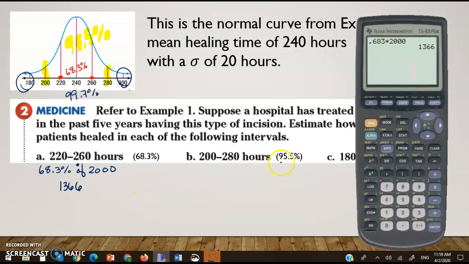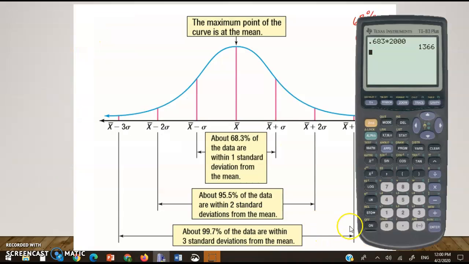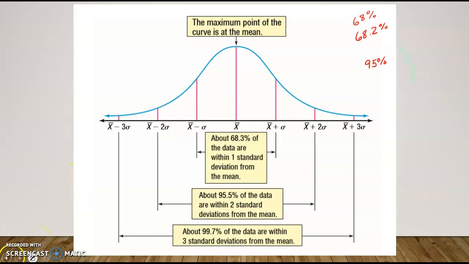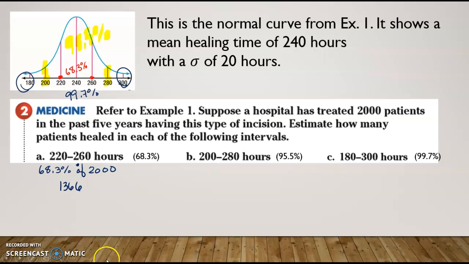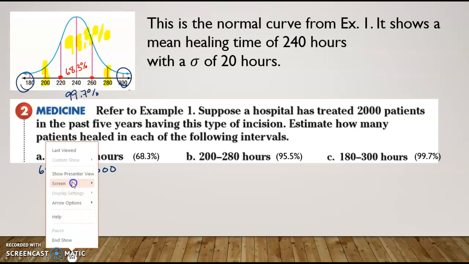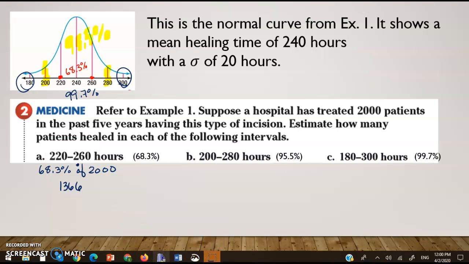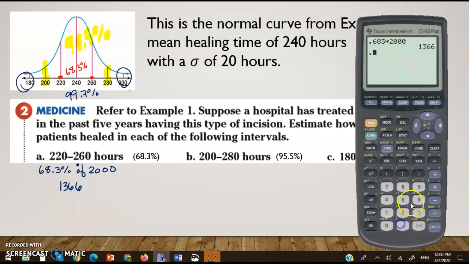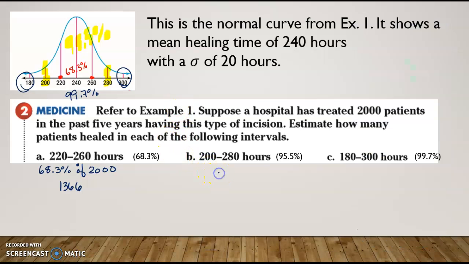Okay. The next one is 95.5%. So you would multiply 0.955 times 2,000. That's 1,910. So we're getting very close to the 2,000. 1,910 out of 2,000 patients.